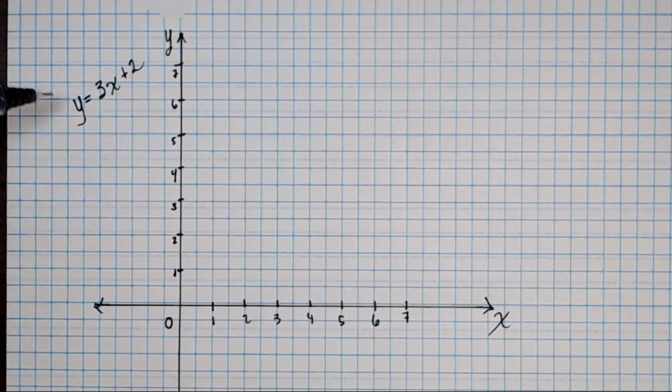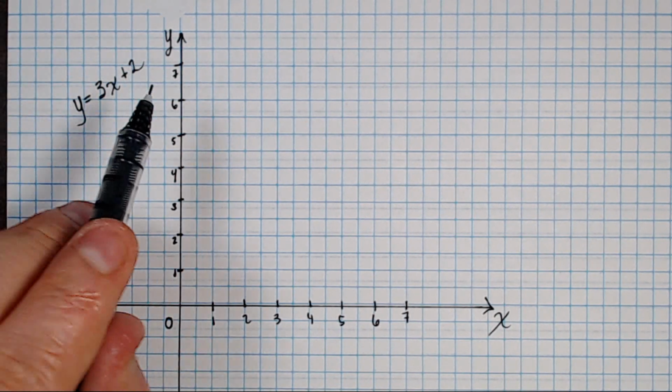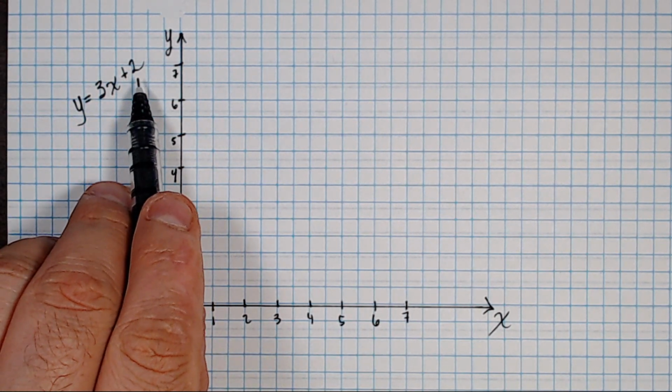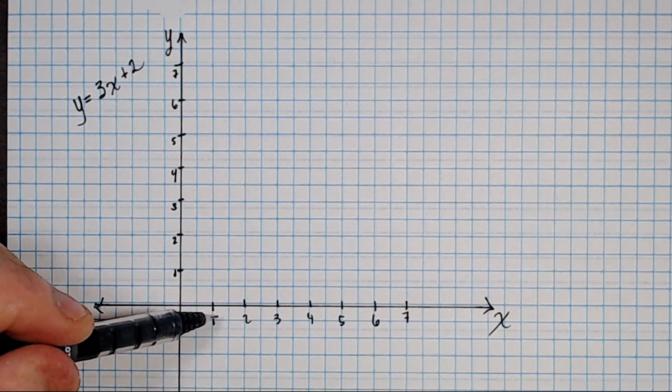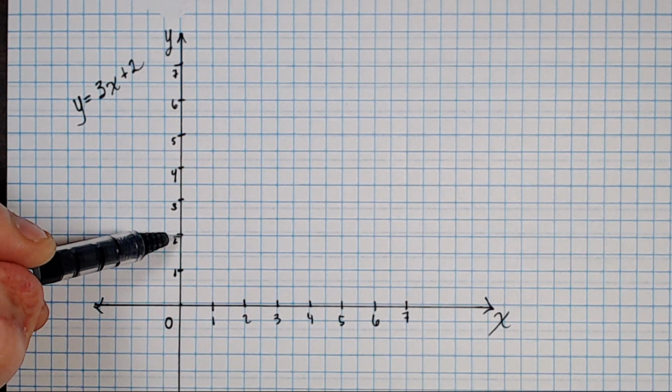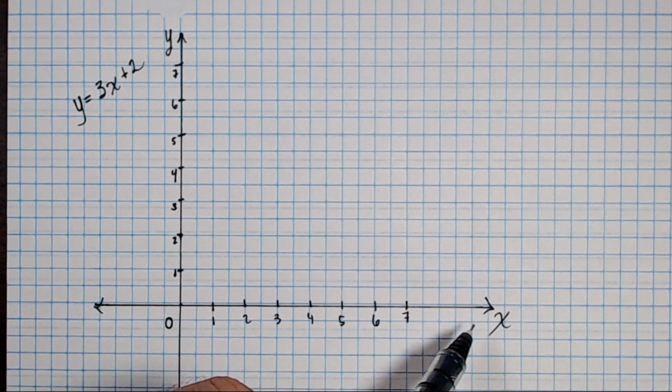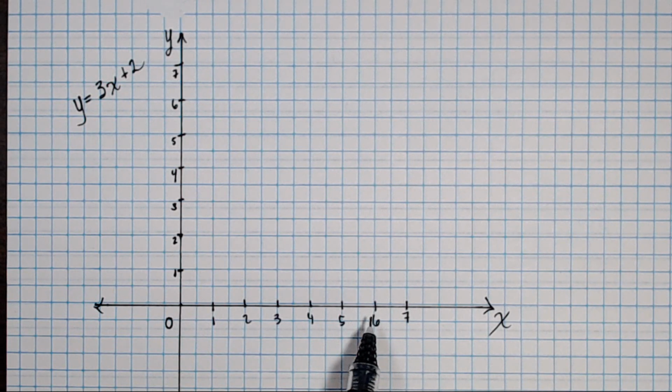In order to graph an equation you're given in y equals mx plus b form, you need to start at the y-intercept of 2. So the y-intercept is where x is 0 and y is 2. See, this is the x-axis. So like here, x is 1.